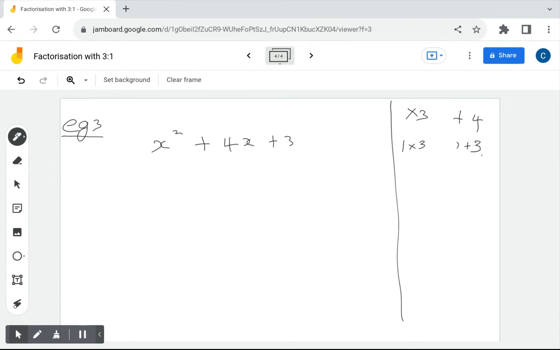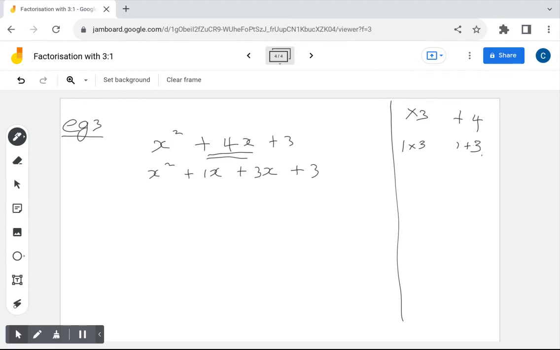So we write the middle term using the numbers that we have now calculated. So it would be x squared plus 1x plus 3x plus 3. It's only the middle term we rewrite using the two numbers that we now got. So 4x is equal to 1x plus 3x.